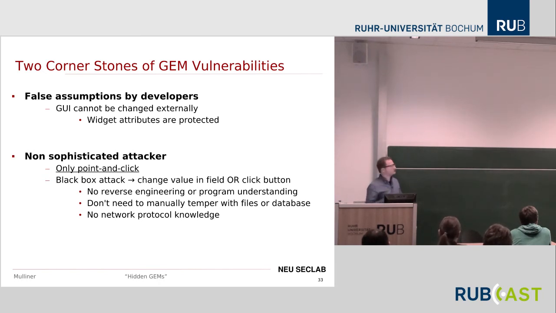Because the attacker basically needs to know, hey, there's this button, it's not enabled. I want to click on this button, so let's enable this button and click it, or I want to modify this field, and the attacker just modifies the field. So there's no reverse engineering involved, so no program understanding. You don't need to manually tamper with a file or a database, because for that you need to understand the format, is there a checksum, and so on.